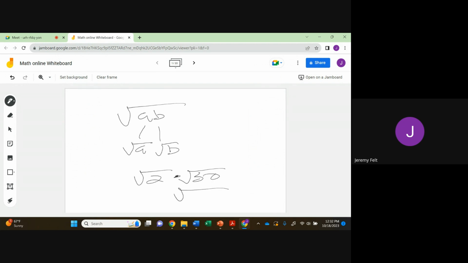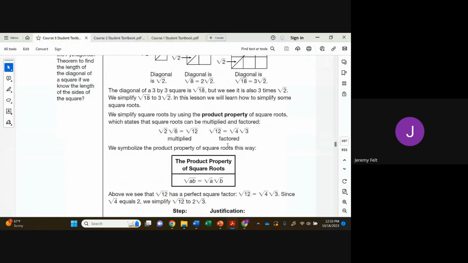So this gives me the square root of 2 times 50, which is 100. The square root of 100, I know, is 10. This is where understanding these properties and how you can work back and forth can help us simplify some of these numbers. And we will see quite a few test questions with that.